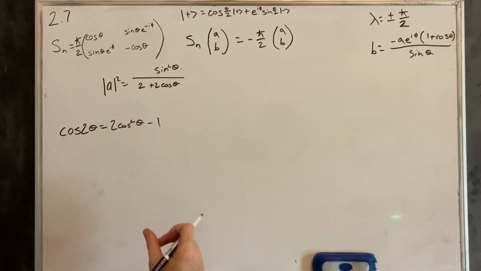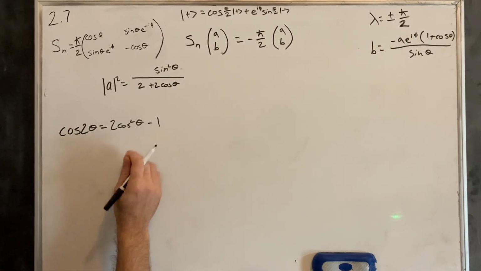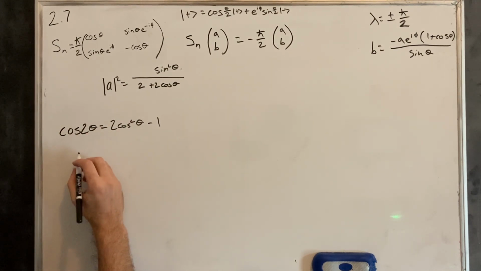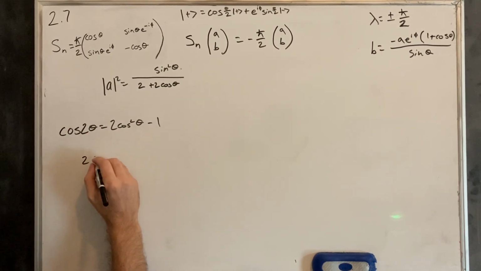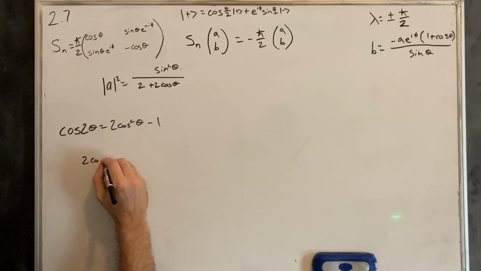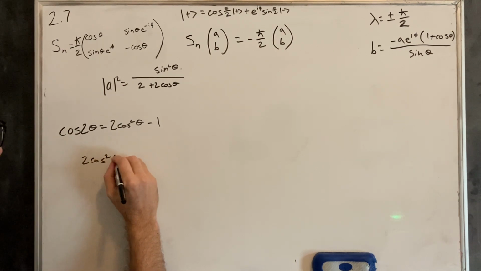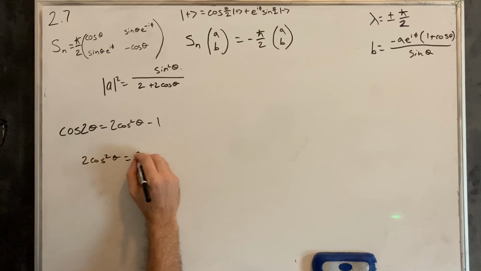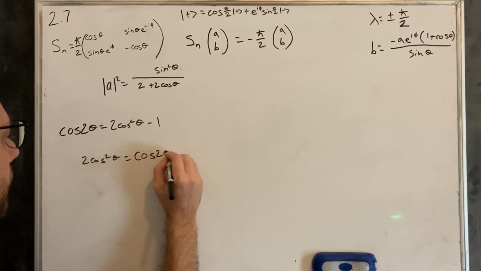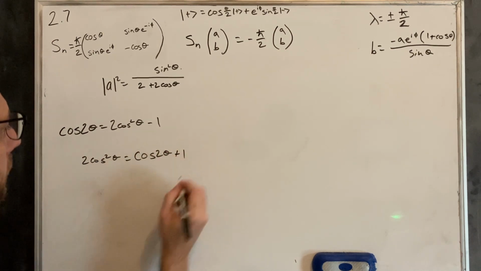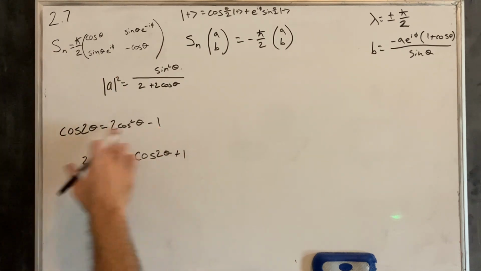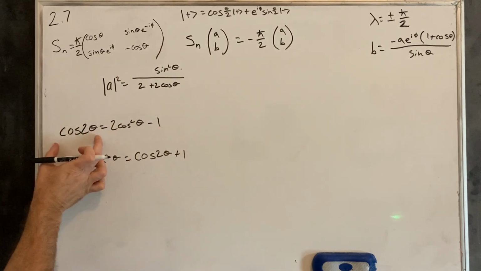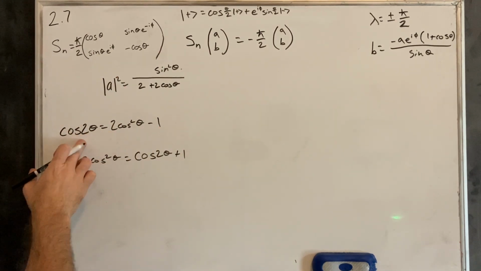That's not what that looks like, though, so let's rearrange this a little bit. 2 cosine squared theta equals cosine 2 theta plus 1. I switched the sides and just added 1 to both sides. So cosine 2 theta plus 1.